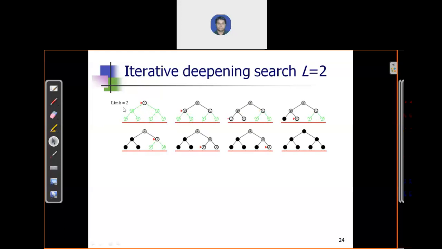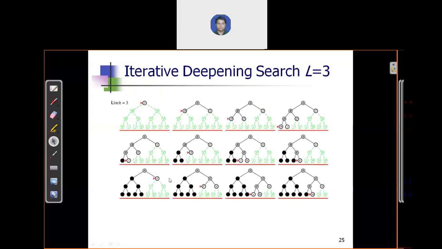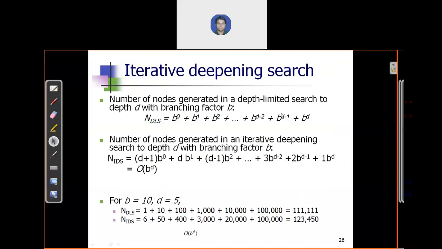Now we reach level 2 and we are finding our goal in the subgraph, and in the subgraph we are using DFS. Again we increase our limit and find the solution. Iteratively we are increasing our depth. In this way we derive the complexity of this search technique.